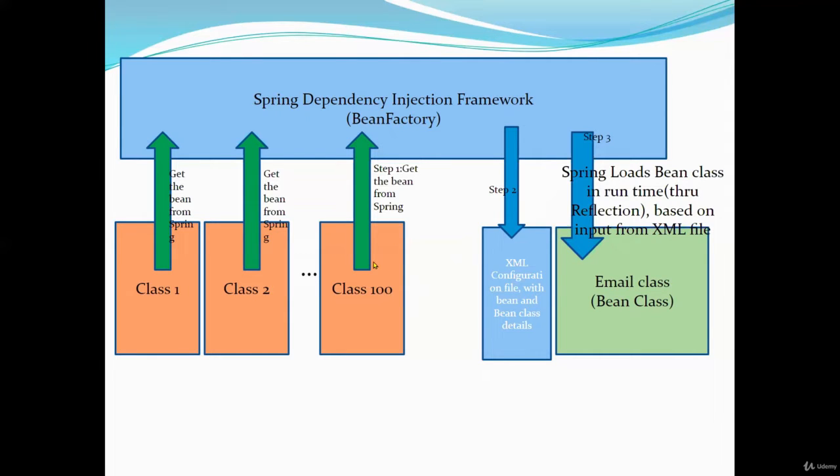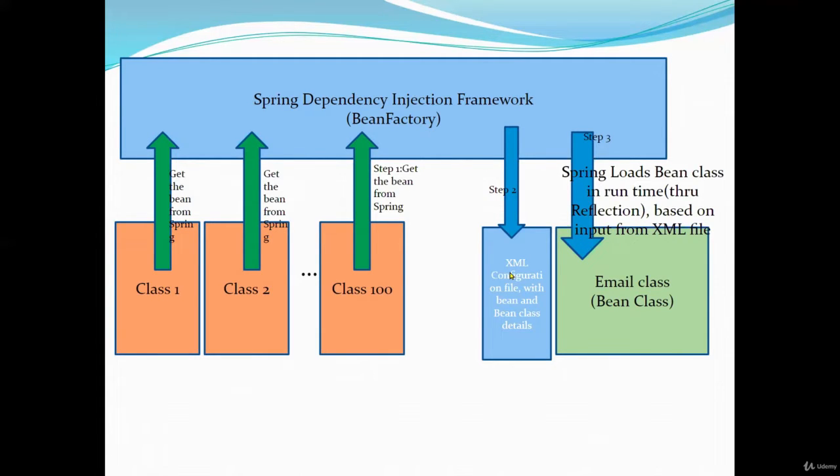Rather, we interact with the Spring DI framework and we ask Spring to create and give us the instance of the Email class. What the Spring Dependency Injection Framework does is, as shown in step 2, it goes and looks in the XML file.